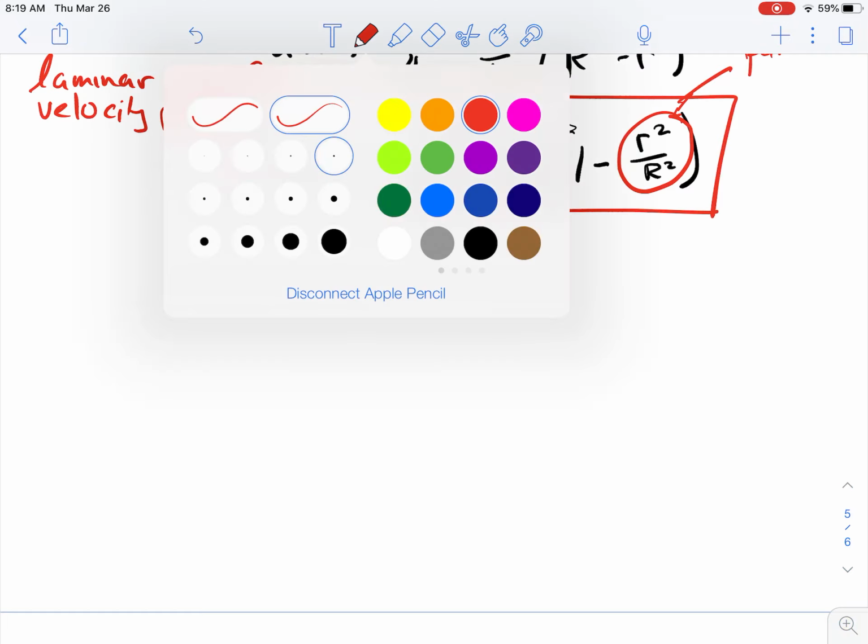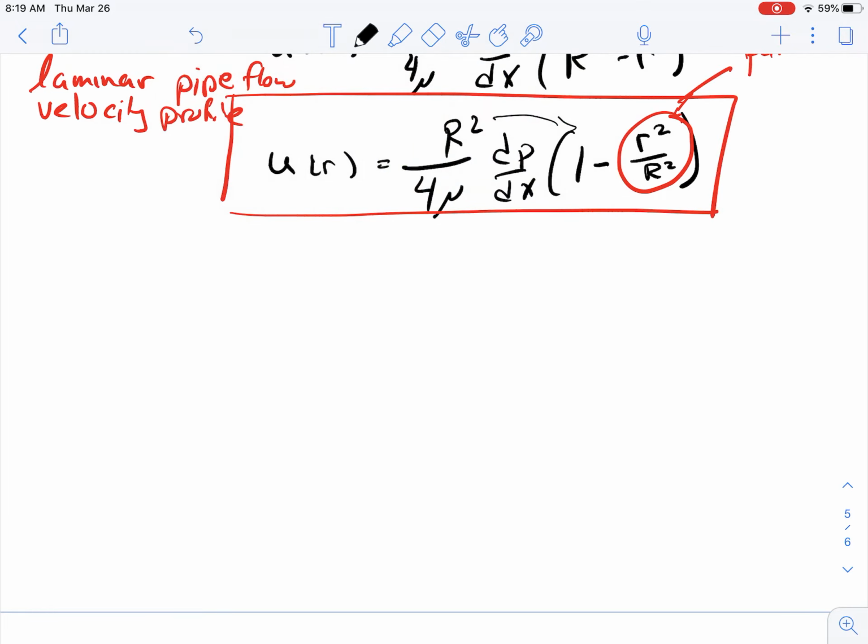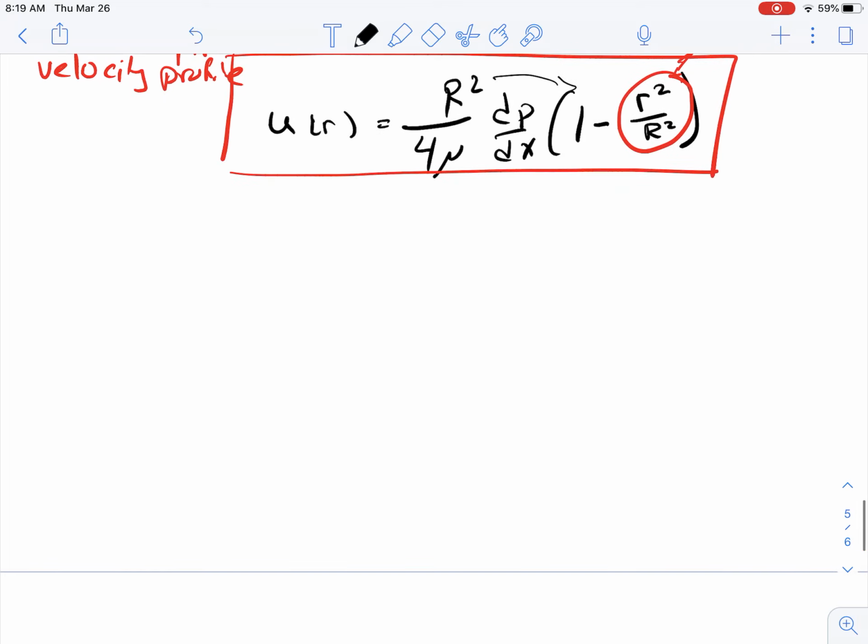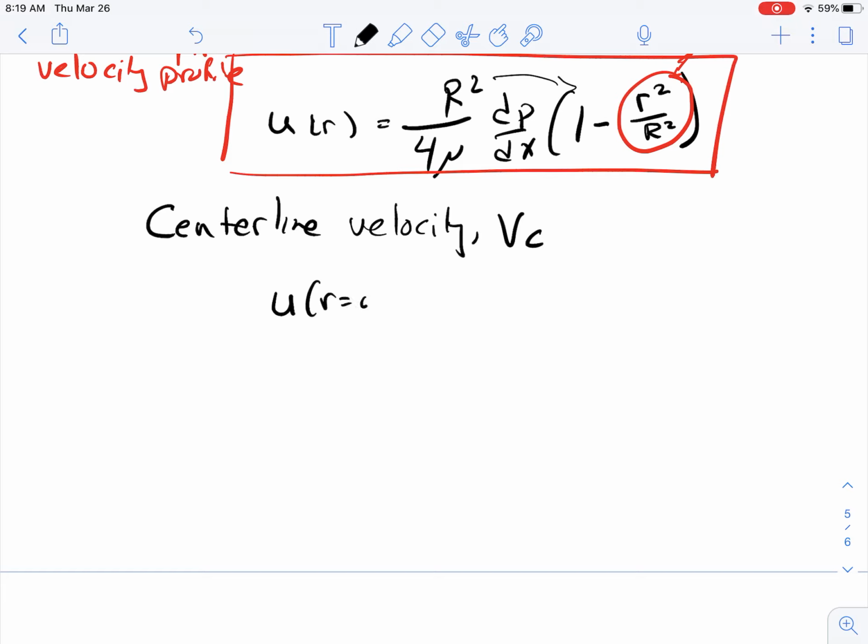Now we can also do a few other important calculations that are used with pipe flow. We can calculate the centerline velocity, we'll call that V sub c. And that's just evaluating the velocity profile at the center line. So u at r equals 0 is equal to the velocity at the center line.